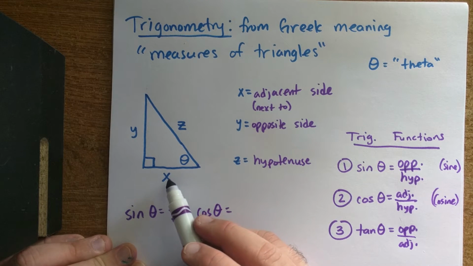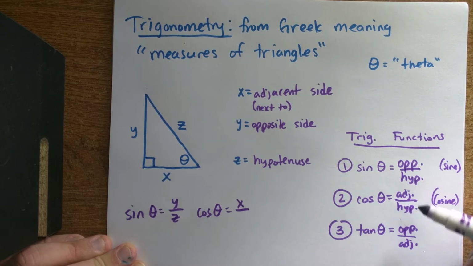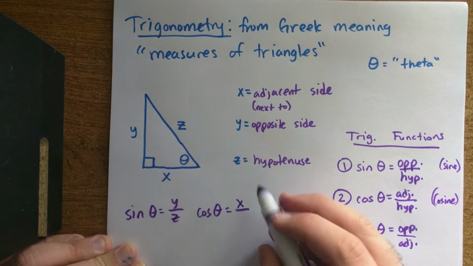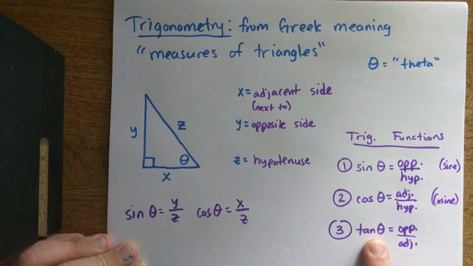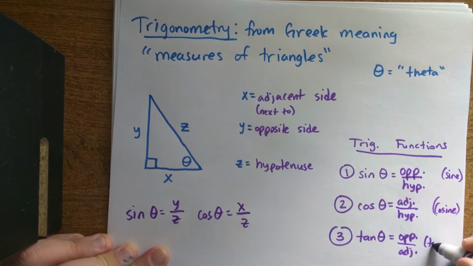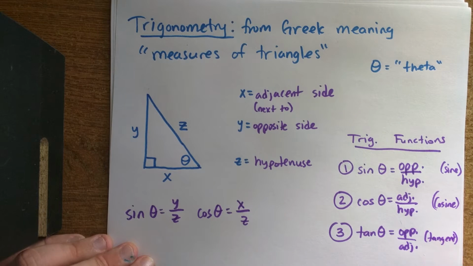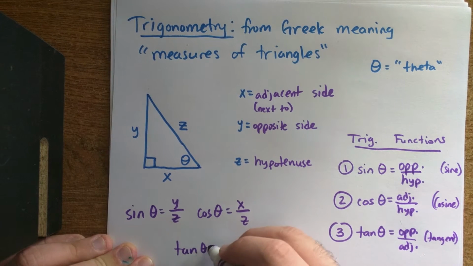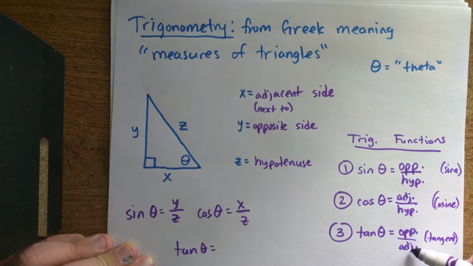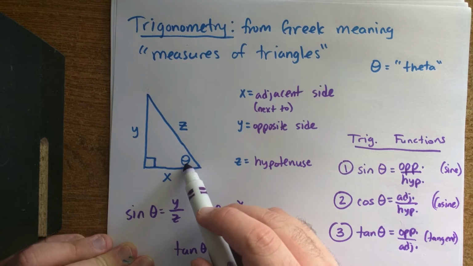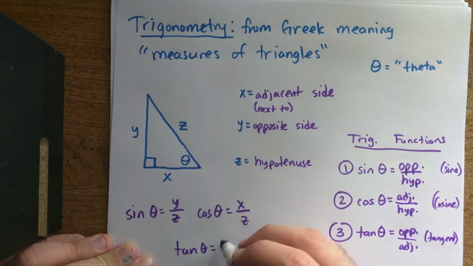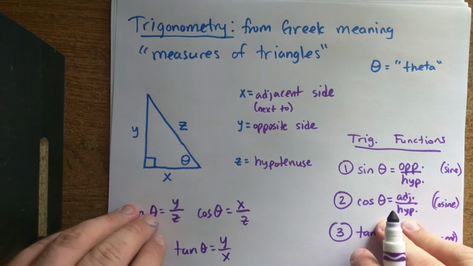Adjacent to theta is x, because I'm doing my adjacent over my hypotenuse, and my hypotenuse, again, is z. Then I have tangent theta. By the way, sorry, tan stands for tangent. Tangent theta is just your opposite over your adjacent. With theta right here, your opposite is y and your adjacent is x. So in this one, it's y over x.